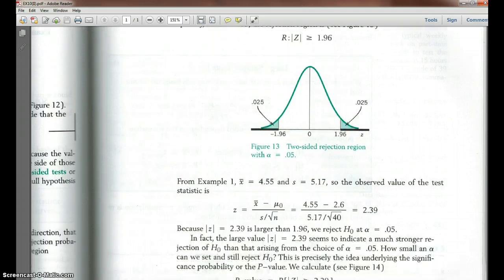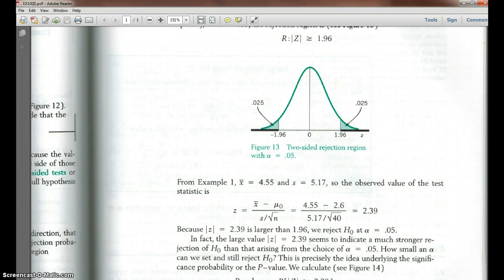So we convert the x bar 4.55 to a z-value 2.39, and you can compare this z-value with the cutoff point. Does 2.39 fall into one of the regions, one of the intervals? You can see it falls into the right side. 2.39 is bigger than 1.96, so it means it's greater than this value.